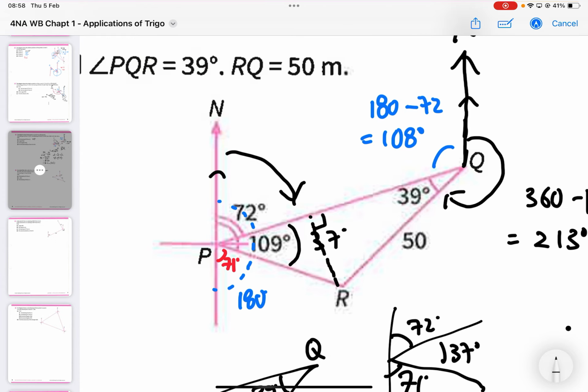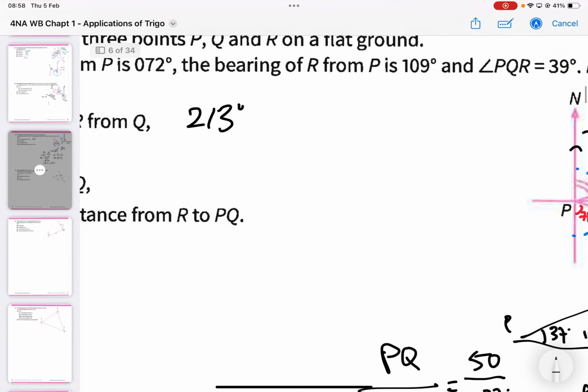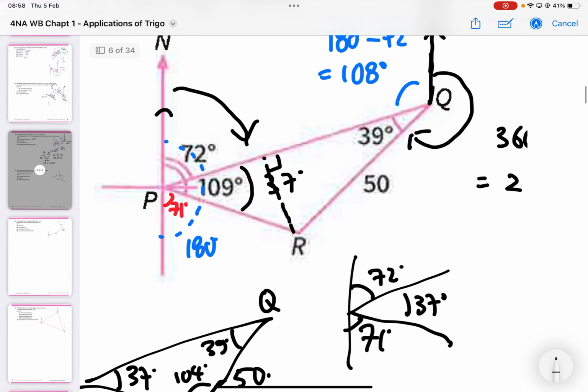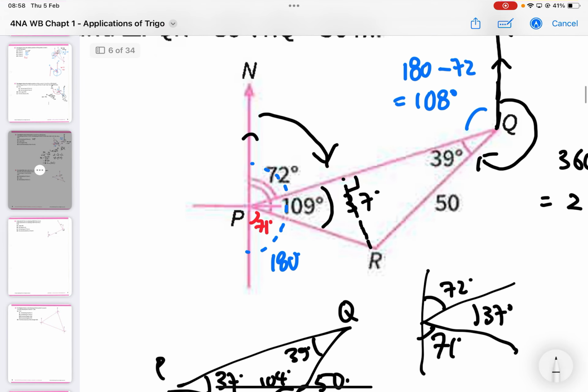And how can I find the shortest distance? If you have a 90 degrees, then your area of triangle must come to mind, because half base times height can give you this triangle area. So you want to make use of your triangle area to find this shortest distance, or this line that makes the 90 degrees.